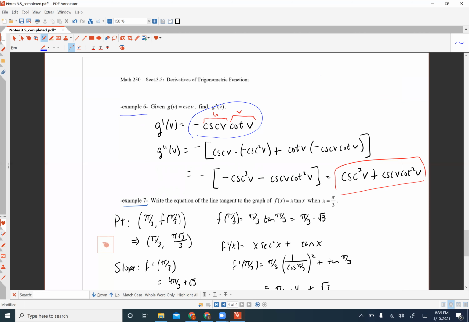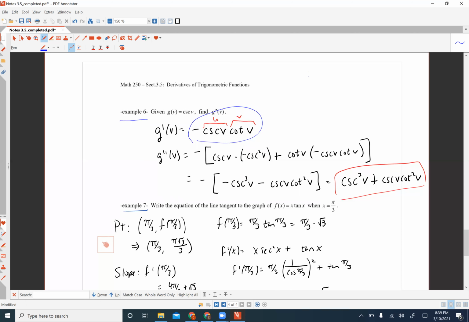And so what do we have? Remember cosine squared x plus sine squared x is 1. I'm writing on the screen, so hopefully it's not terrible. And then let's divide both sides by sine squared. So you get cotangent squared of x plus 1 is equal to cosecant squared of x.